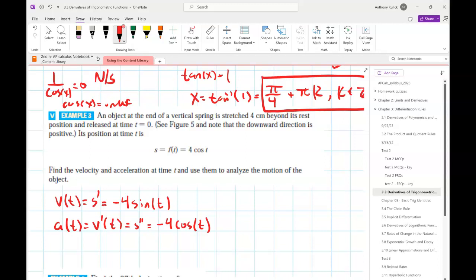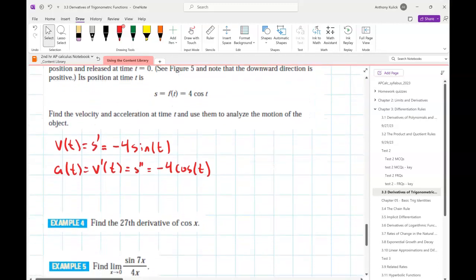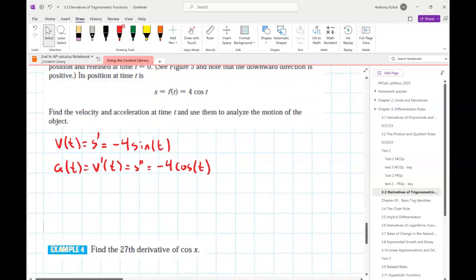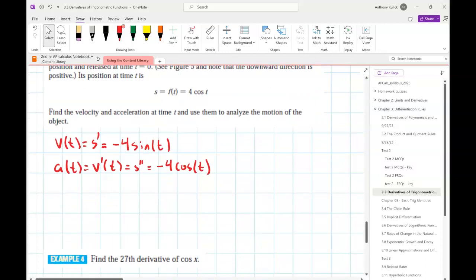Okay, so if we wanted to analyze the motion of the object, what could we say about this thing? Well, what's the maximum speed and maximum acceleration going to be? Or I should say velocity.